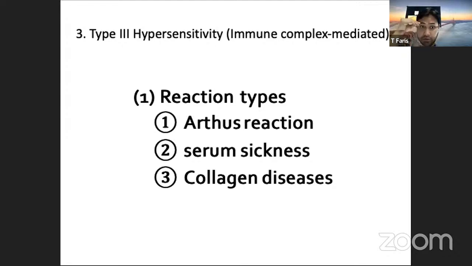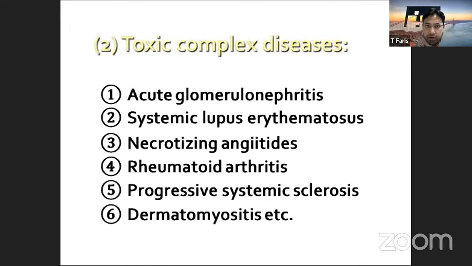All right, so these are all type 3 hypersensitivity. What are the toxic complex diseases related with type 3? They include acute glomerulonephritis, SLE, necrotizing angiitis, RA, progressive systemic sclerosis, dermatomyositis, among others.